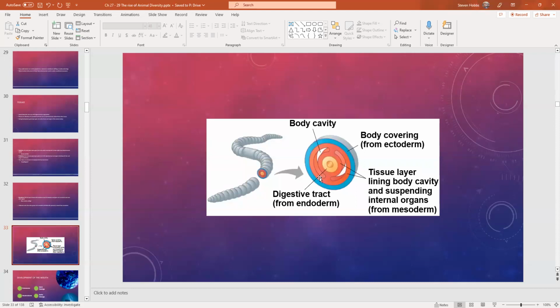So those body cavities separate the internal structure from the more superficial structure. Otherwise, every time you would eat, your whole body would just get as solid as possible until the food then passed out. So we see an increase in mobility and an increase in motility during all of this.